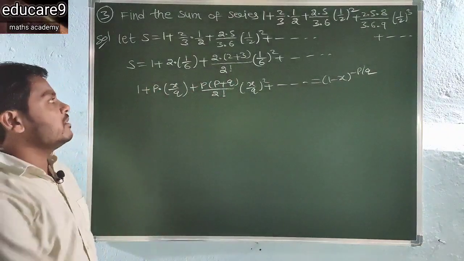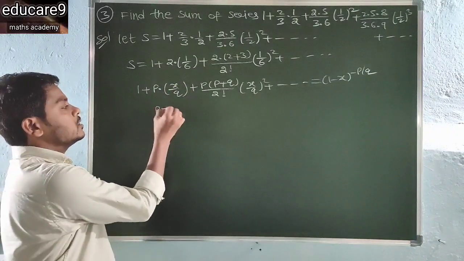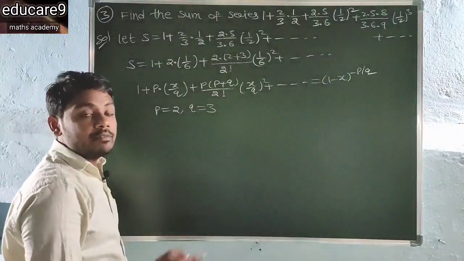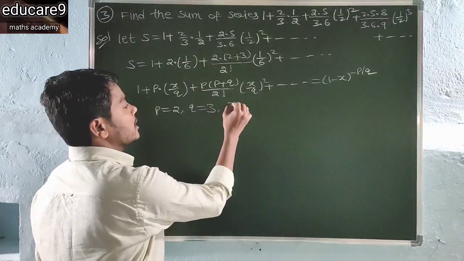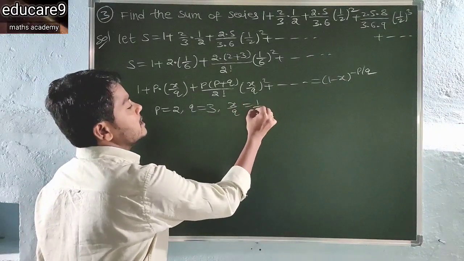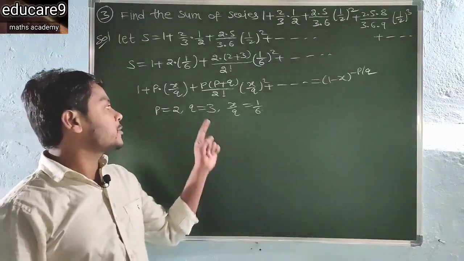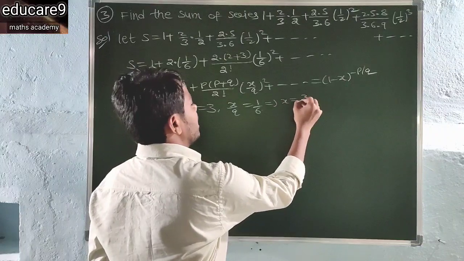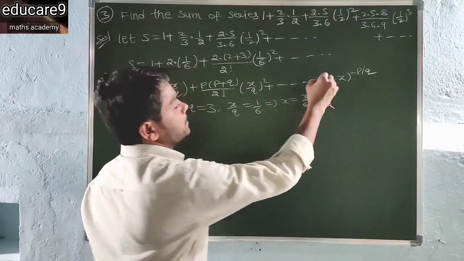So clearly what is the p value here? P is equal to 2. And what is the q value? 3 only, no? And what is x by q? So x by q value is 1 by 6. Now we have to substitute the q value here. What you get? X is equal to 3 by 6, that is 1 by 2.